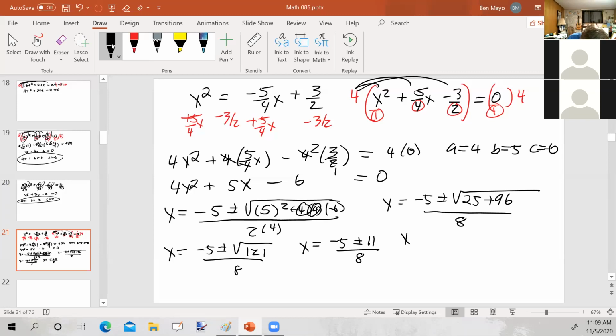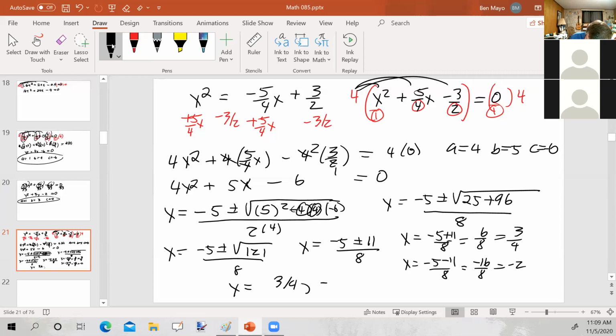So now I've got x equals -5 plus 11 over 8, x equals -5 minus 11 over 8. But this would be, see, -5 plus 11 is 6 over 8, or 3/4. -5 minus 11 is -16 over 8, which is -2. So x equals 3/4 and -2.